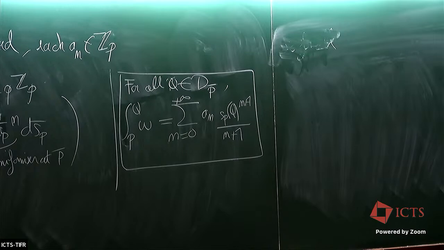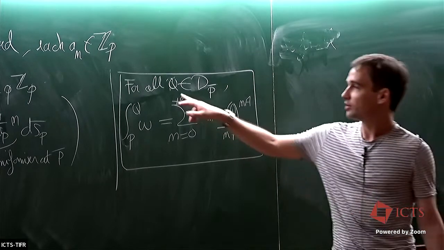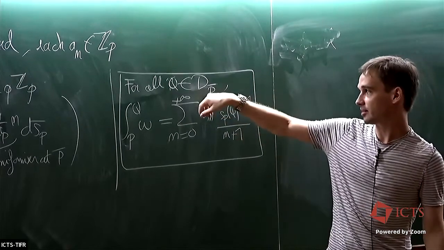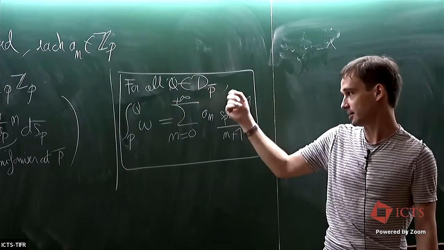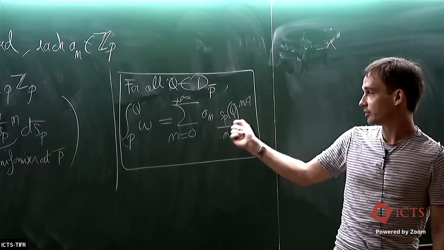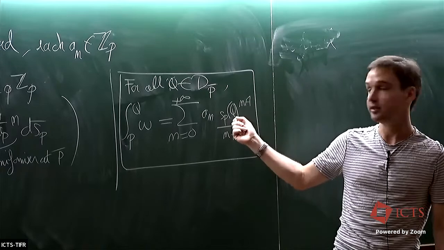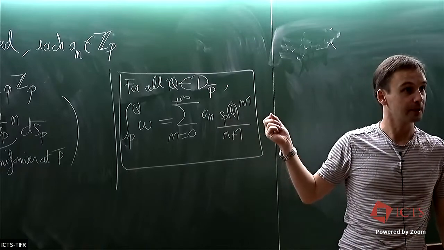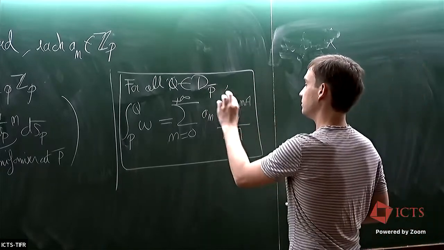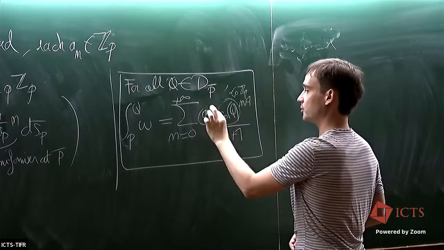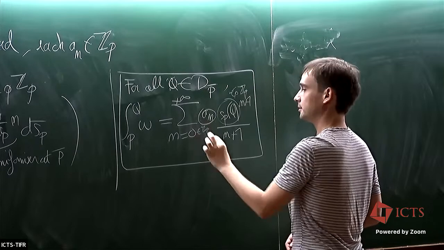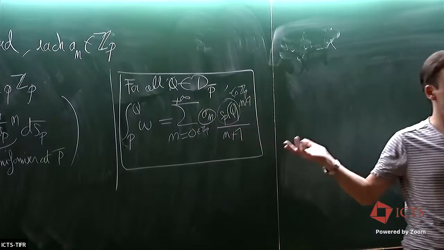And maybe for sanity, we'll check that this actually is well defined. When Q is in the good residue disk of P bar, it means that the reduction of Q mod P is exactly this. So the uniformizer here has to be valued in PZP. By what I said before, the coefficient belongs to ZP. And so this does converge nicely.